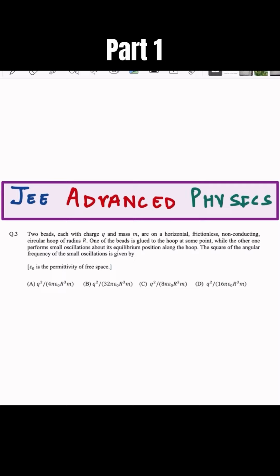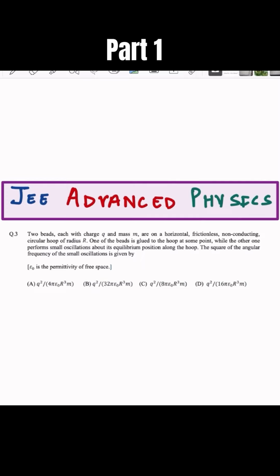Whenever you're solving a problem, you want to have a mental picture of what you need to do or what kind of information there is, so you can start visualizing or having some kind of strategy. If I look at this problem, they have the same charge, so there's going to be a repulsive Coulomb force, and the question is asking about the small oscillation. So this is a simple harmonic problem, with oscillation on a loop, so there needs to be a restoring force.